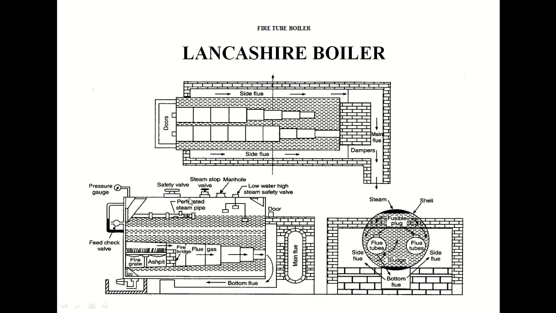And in this figure, we can see some safety devices and mountings: safety valves, steam stop valve, manhole for cleaning and maintenance, the low water high steam safety valve, pressure gauge to measure the pressure, feed check valve, and water level indicator. So this is about the Lancashire boiler.